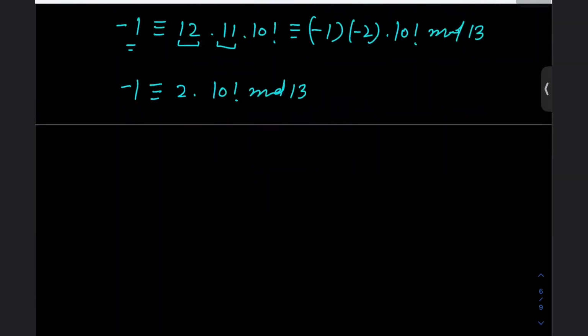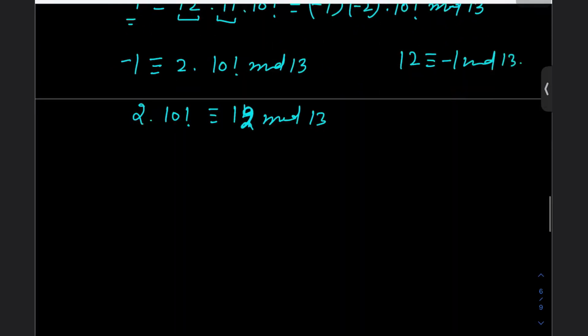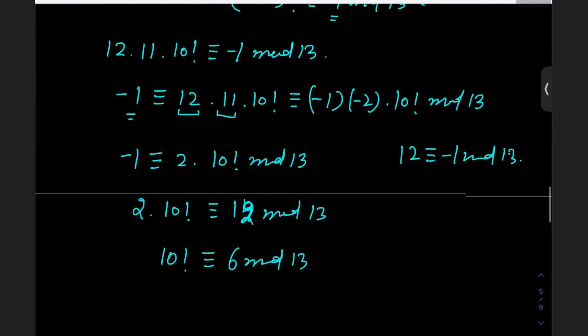So 2 into 10 factorial is congruent to minus 1 modulo 13, and minus 1 you can replace with 12 modulo 13, because 12 is congruent to minus 1 modulo 13. 13 is a prime number, so we can write 10 factorial is congruent to 6 modulo 13.